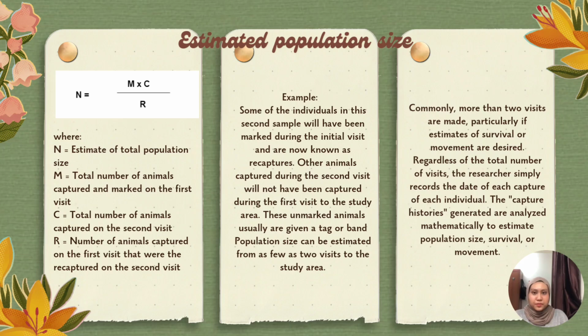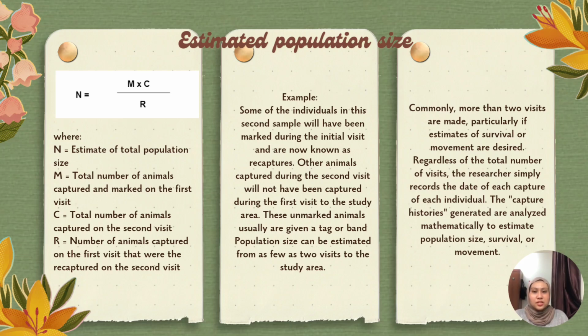For example, some of the individuals in the second sample would have been marked during the initial visit and are now known as recaptures. Other animals captured during the second visit will not have been captured during the first visit to the study area. These unmarked animals usually are given a tag or band.